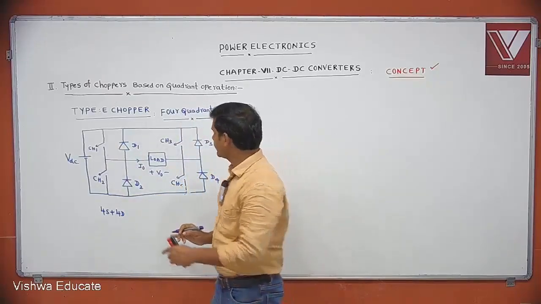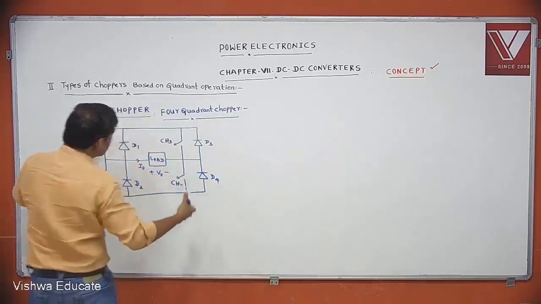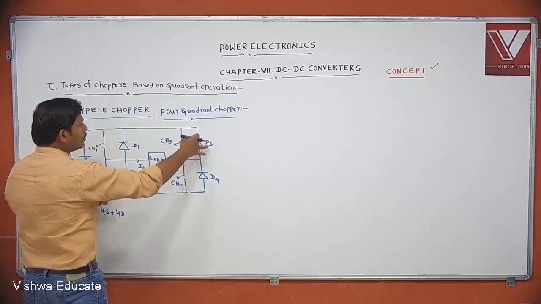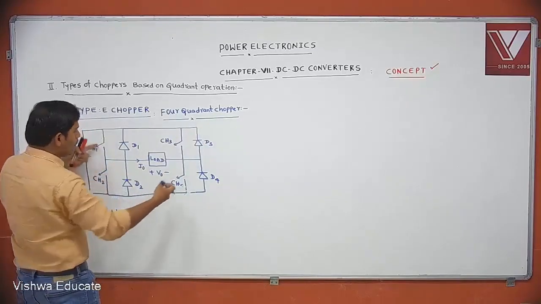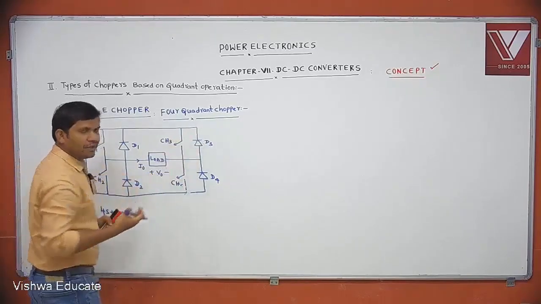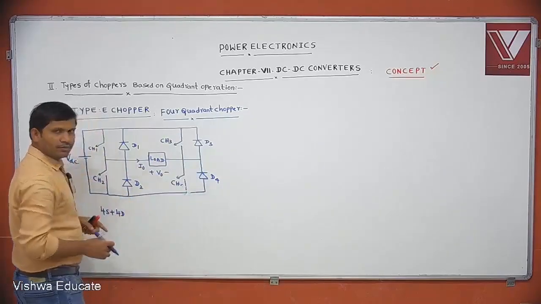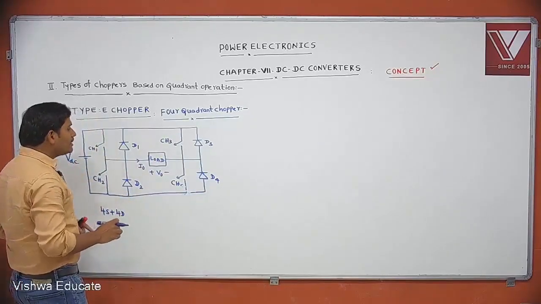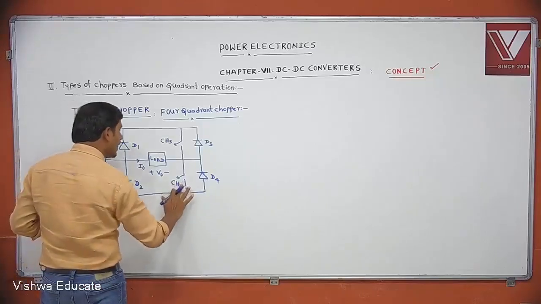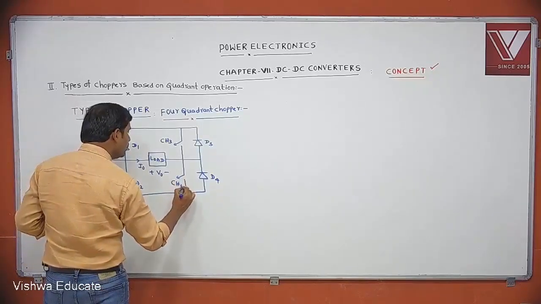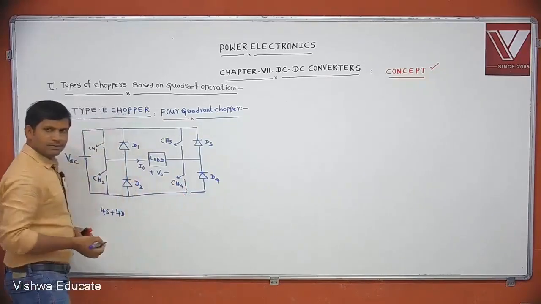Or if you take these 2 switches, 2 diodes, that is type D, and the other 2 switches, 2 diodes, another type D. That's why it is a combination of 2 type C choppers or 2 type D choppers.